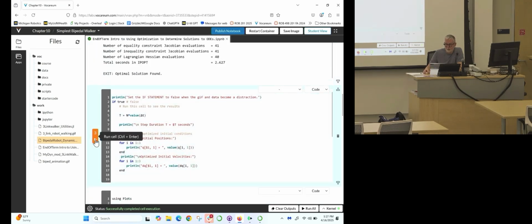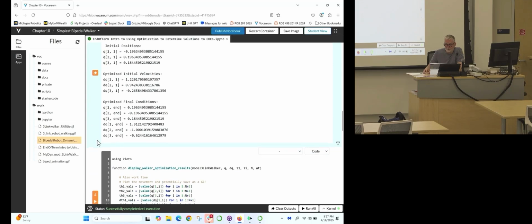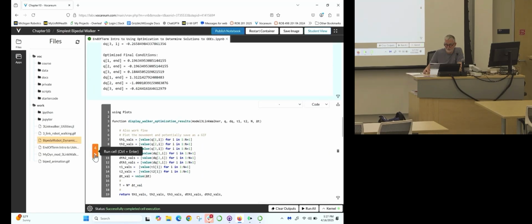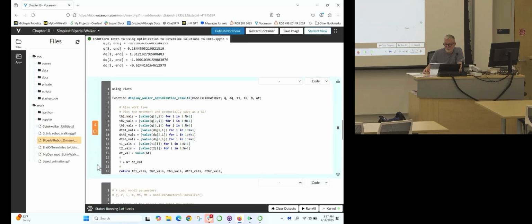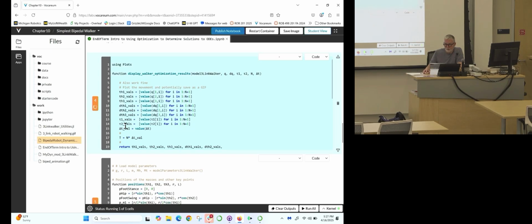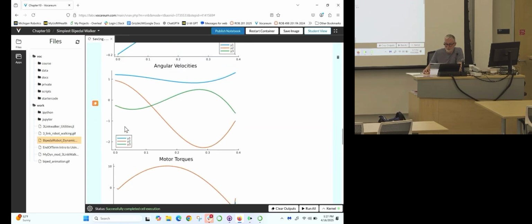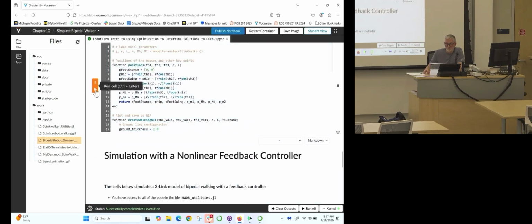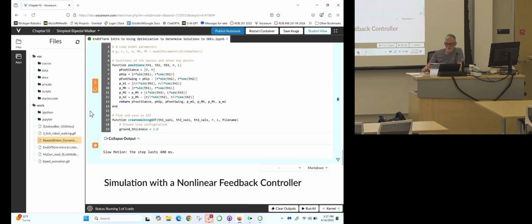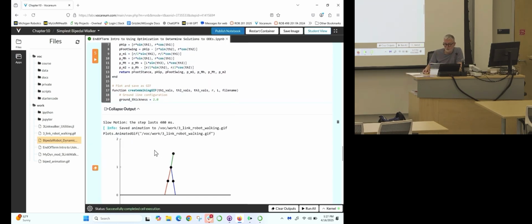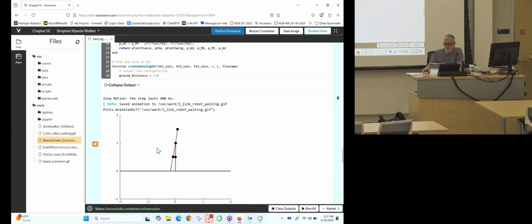So now we'll look at the results. This is going to make a bunch of plots. Okay, so the step here is 400 milliseconds, so it's already done 10 steps, okay?